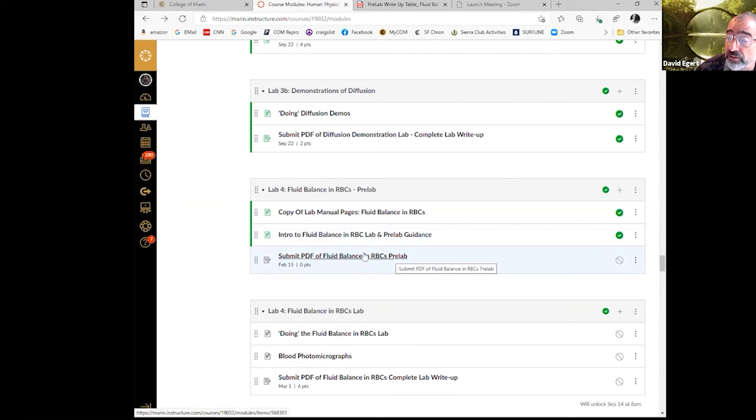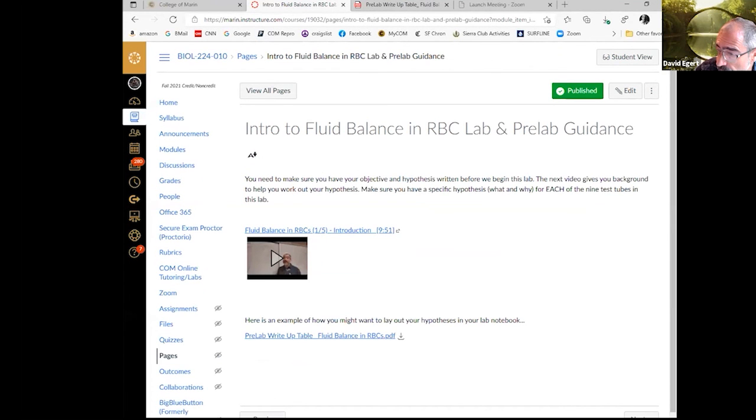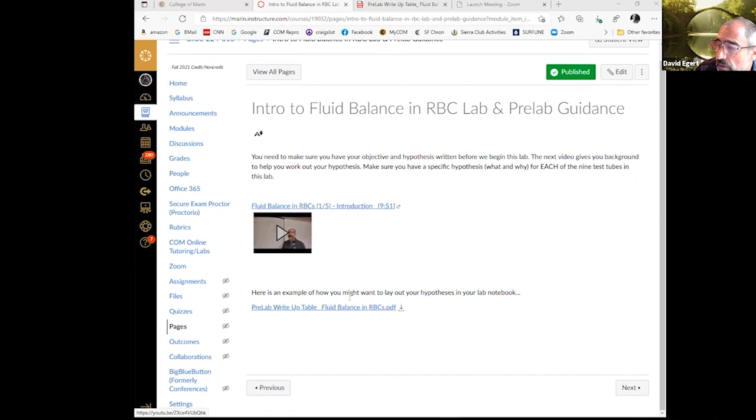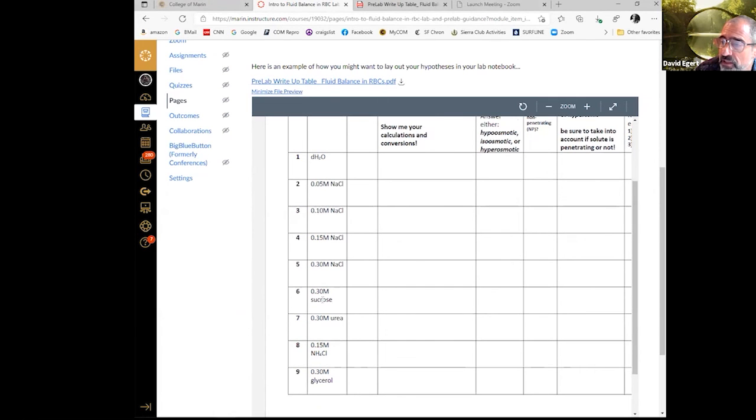In your objective for this lab, just from what I've been saying, now I want to go back to this table. You can see what kind of things are we changing, the independent variable, in the different solutions.